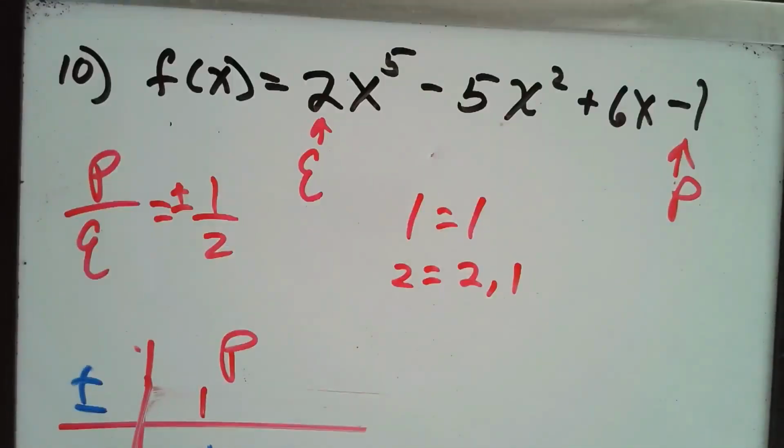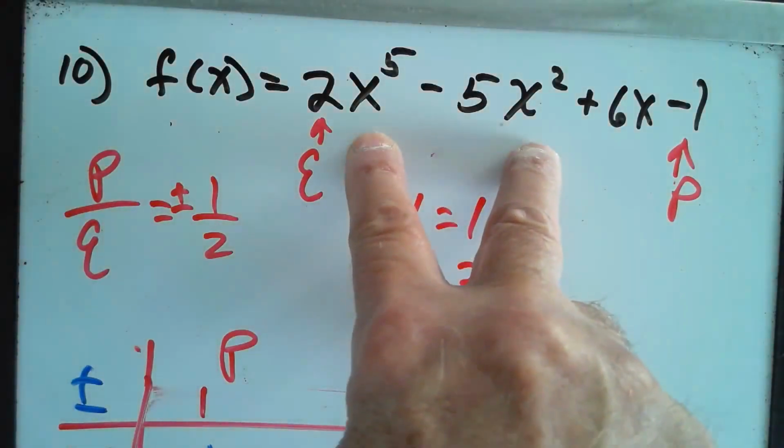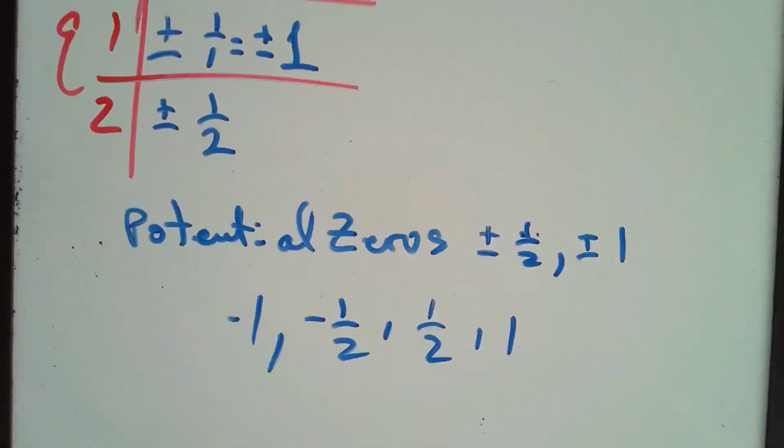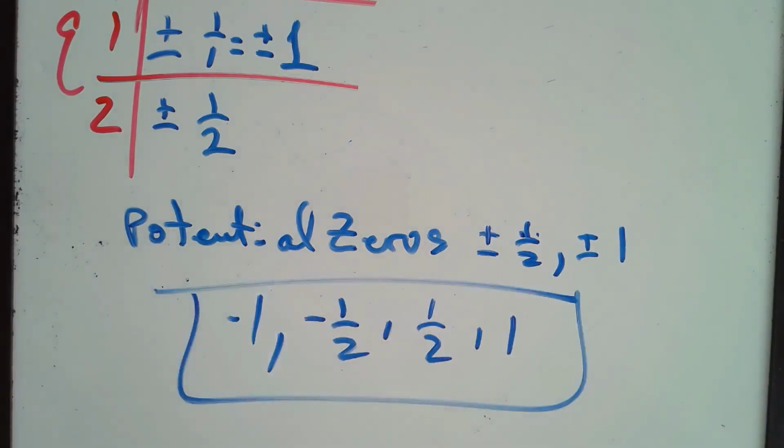But since then, you can plug this into your calculator, go to the table, and wherever your Y column is 0, those are your zeros. It still helps to know what your potential zeros are, to know where to start, whether you have to start near 0 and look up or down. So this is your answer, your potential zeros here.